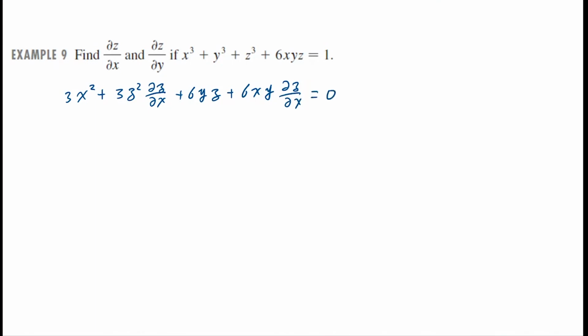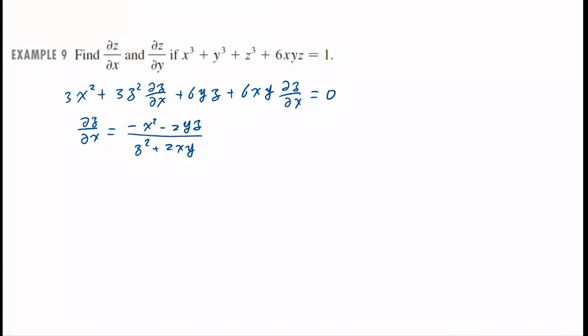The other side becomes u. Are you with me? So we can solve for partial z, partial x. Too much algebra, so doing it in our head: x squared minus 2yz over z squared plus 2xy. How about that? Too much algebra? Can you handle it?